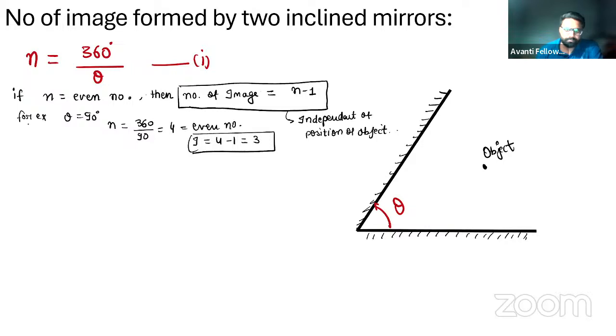अब देखो. Now, the second case is that n is equal to an odd number. If n is equal to an odd number, then there are two conditions.